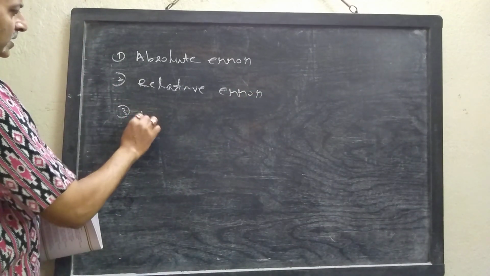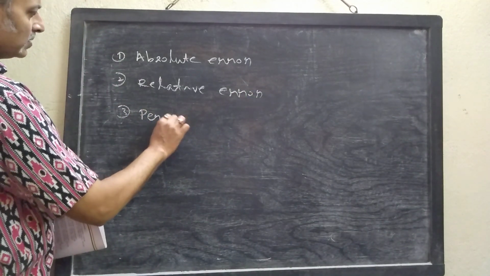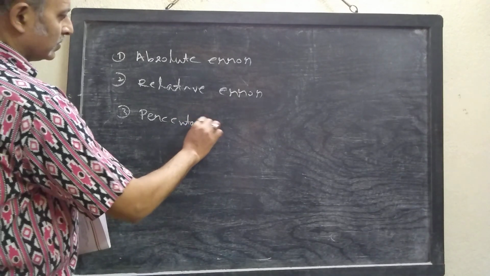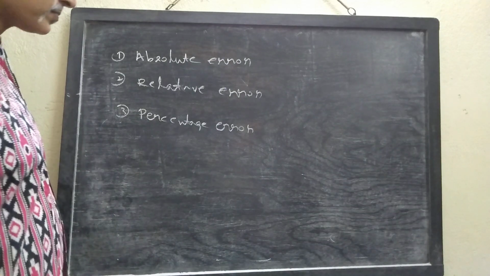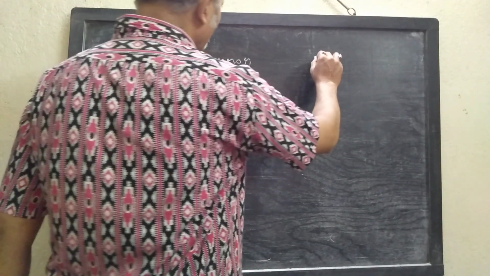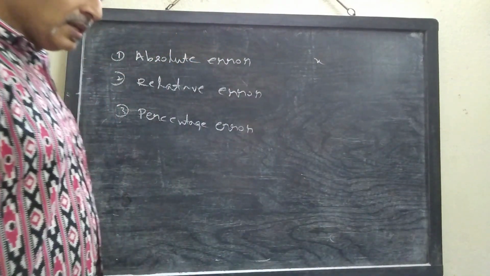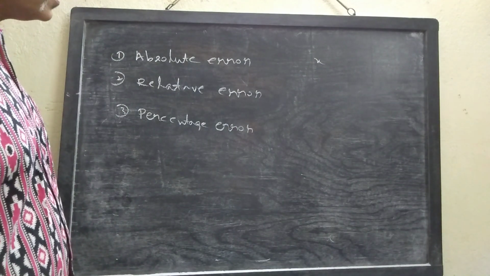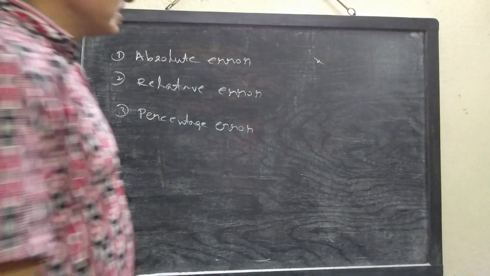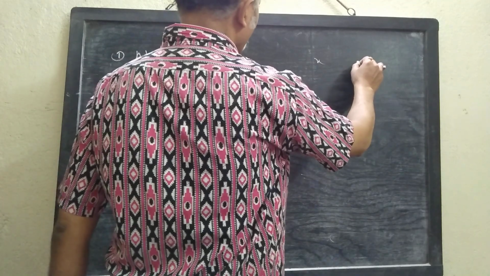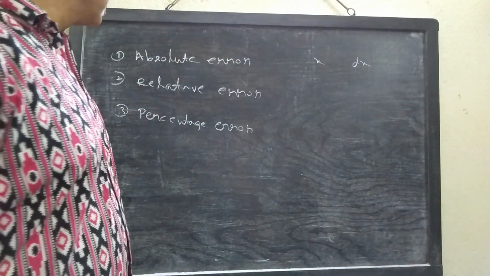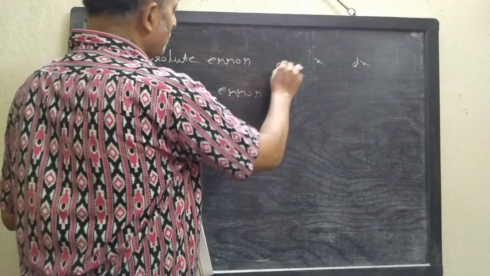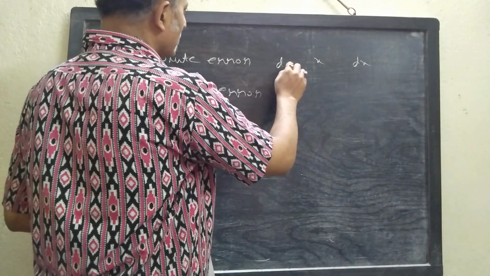Number 3, percentage error. Suppose you have a variable x and in the measurement of x an error dx occurred. So the absolute error will be dx.